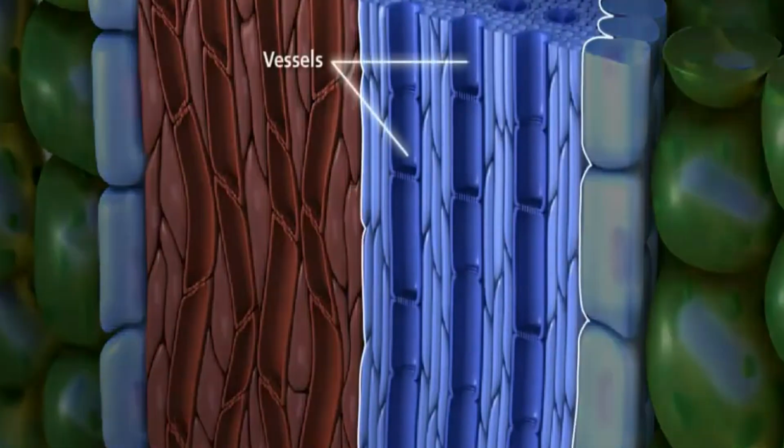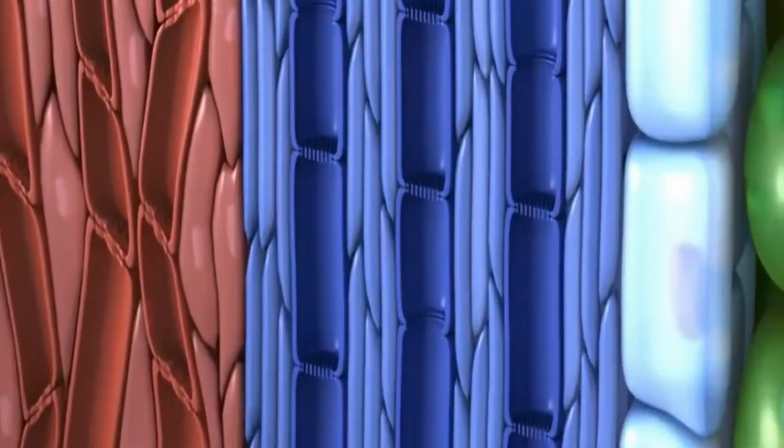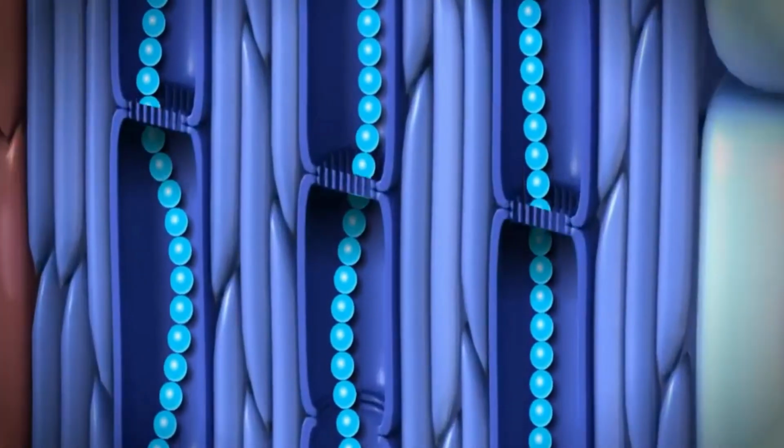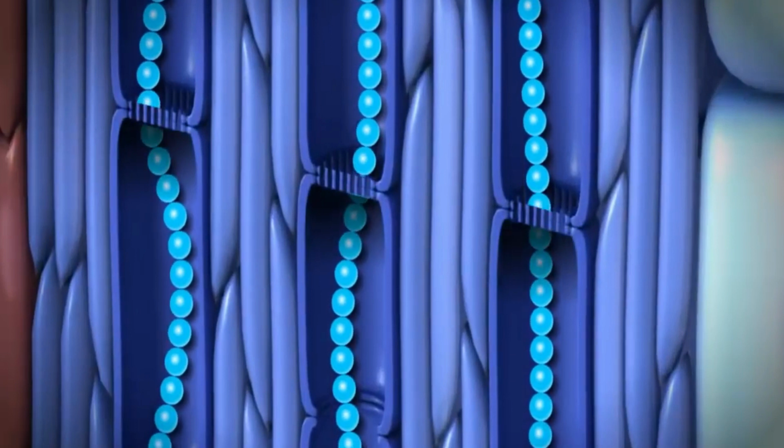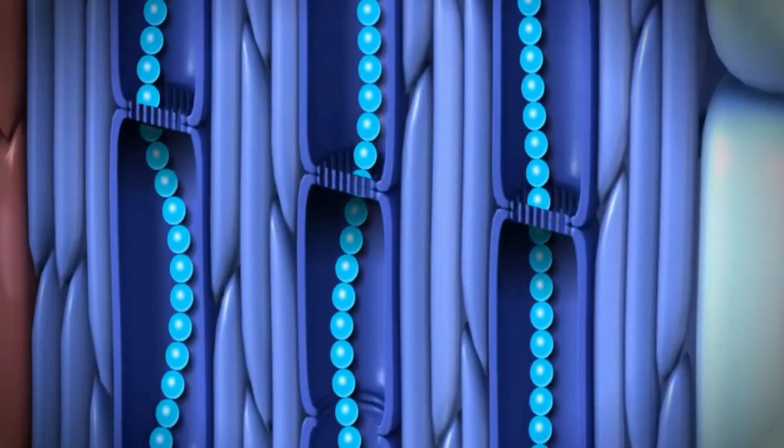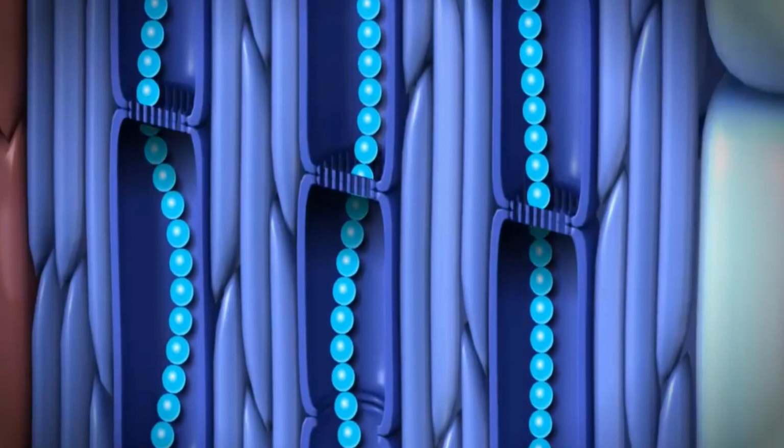Xylem is composed of vessels, which are continuous tubes formed from dead hollow cylindrical cells arranged end to end, and tracheids, which are dead cells that taper at the ends, overlap this arrangement, and the polar nature of water molecules allow water to pass in an unbroken stream through the xylem, from the roots up through the shoots and into the leaves.